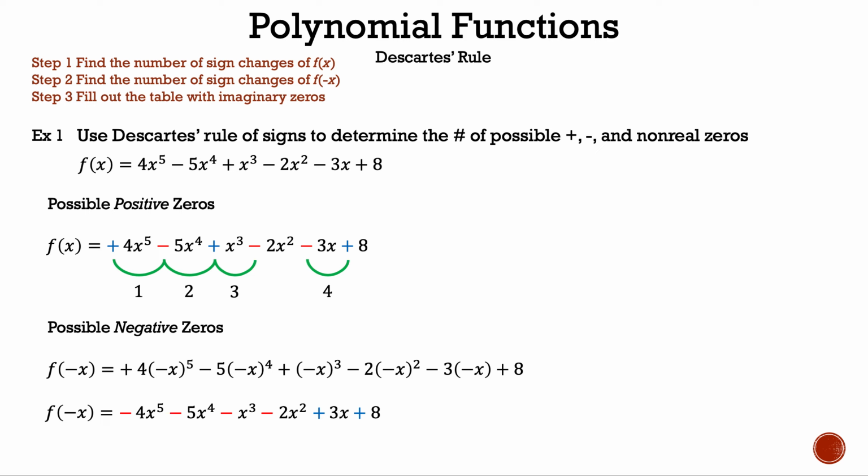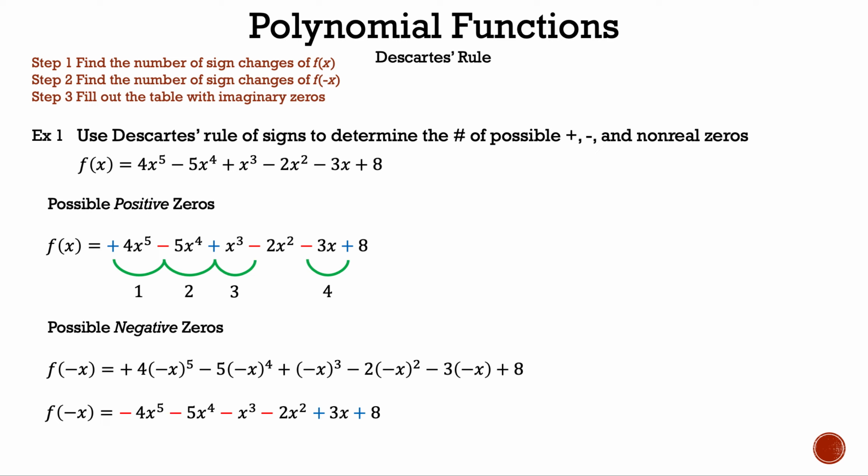That's because a negative times a negative is a positive, and a negative times a negative times a negative is a negative. So each time we see an even exponent, the sign in front of the coefficient remains the same. And each time we see an odd exponent, the sign in front of the coefficient changes when we simplify f of negative x.